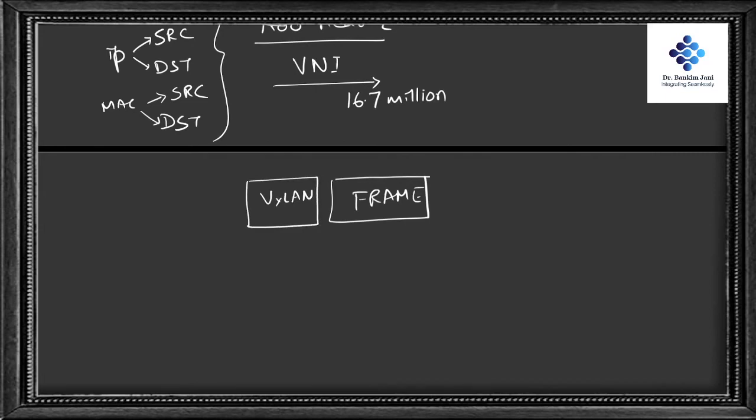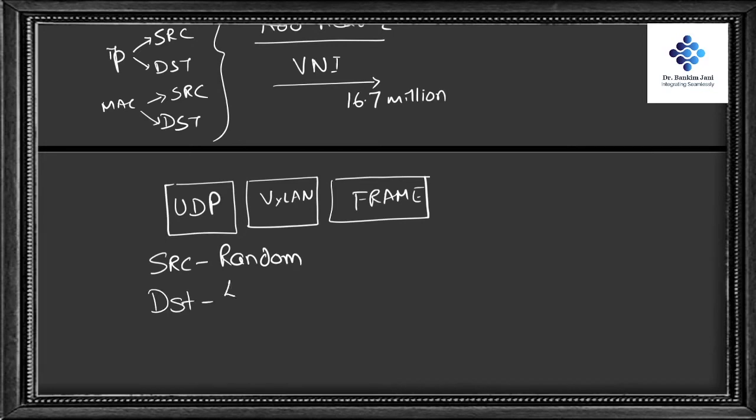Then it would say, as this entire system would be working on UDP, I need to add a UDP header. And in this UDP header, your source port is random and the destination port is 4789.